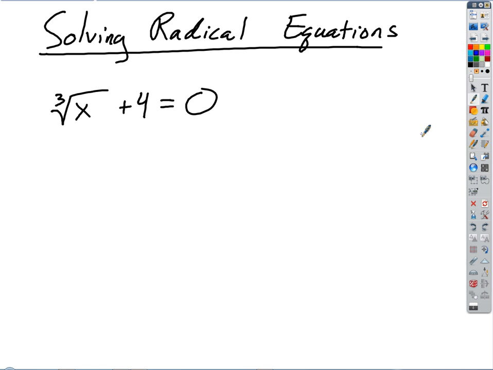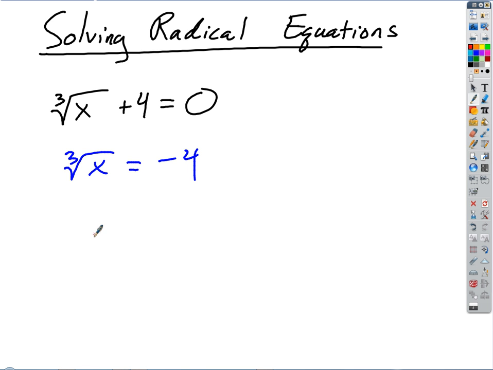So to solve this, first thing we do is subtract 4 from both sides. So I get cube root of x equals -4. Now what? Cube it. Okay. To get the x by itself, I have to undo the x to the 1/3, which I do by cubing both sides, right? Okay, so I'm going to change colors when I do that for a reason that will become clear shortly.